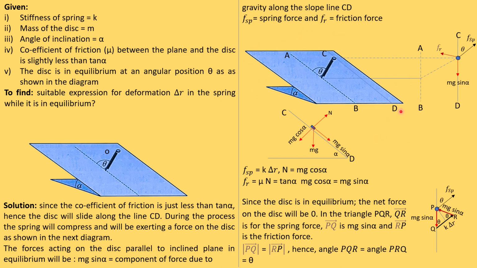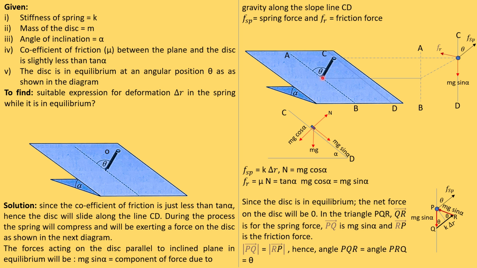First important thing is we must find which direction the spring force should work. In the question, it is given that the coefficient of friction is less than tan alpha, which means tan alpha is just greater than the angle of repose.